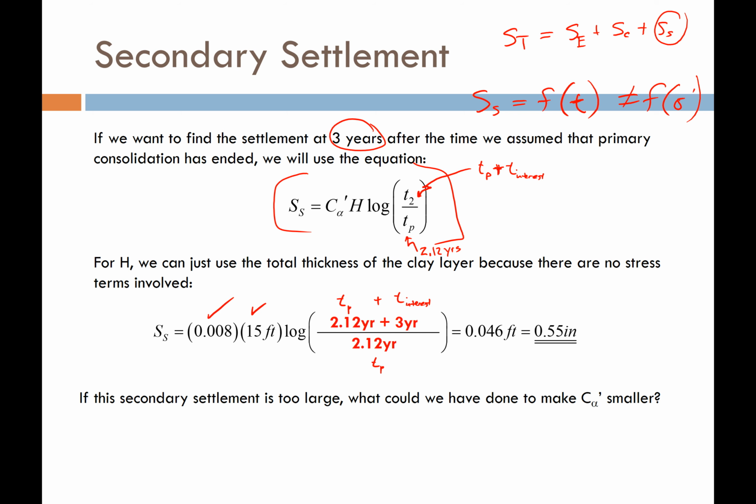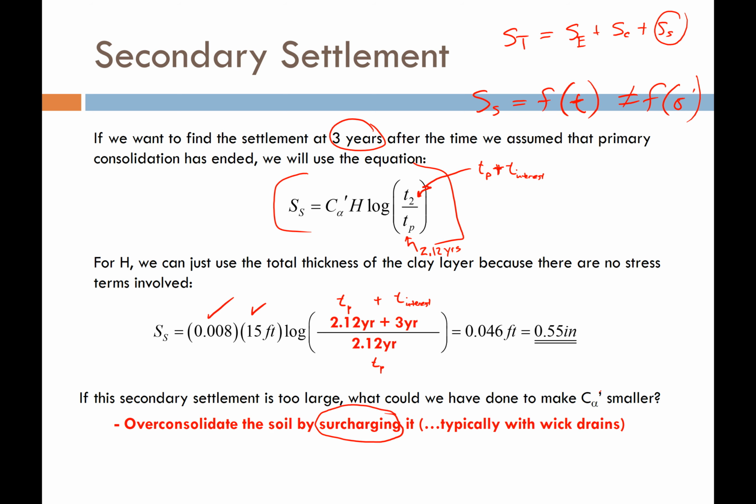Now, if this secondary consolidation settlement is too large and the owners or the structural engineers are squirming because it's too big, then what could we have done to make this modified secondary compression index smaller? Well, we could over-consolidate the soil by surcharging it.